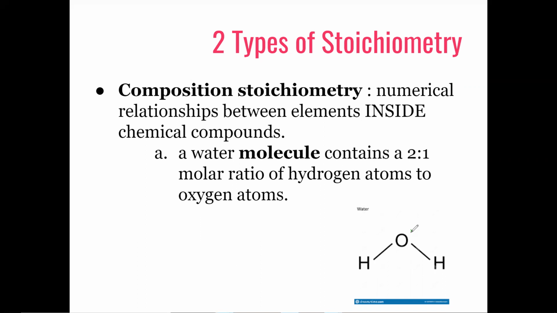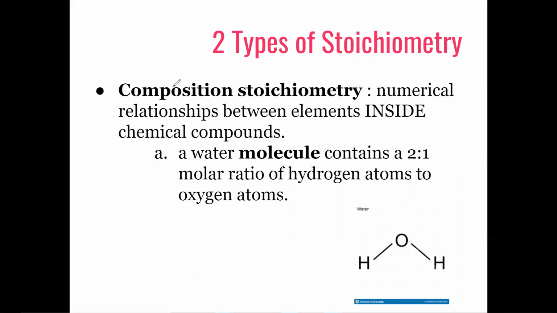For every 1 oxygen, there are 2 hydrogens. So we can say that there is a 2-to-1 molar ratio of hydrogen atoms to oxygen atoms, because there's 2 hydrogens for every 1 oxygen. Okay, and again, we've talked about this a little bit when I asked you in a formula like H2O, how many hydrogens are there? How many oxygens are there? So you know this a little bit.